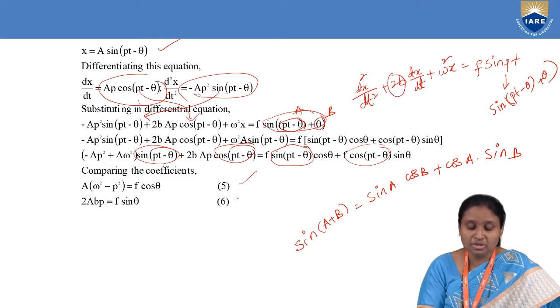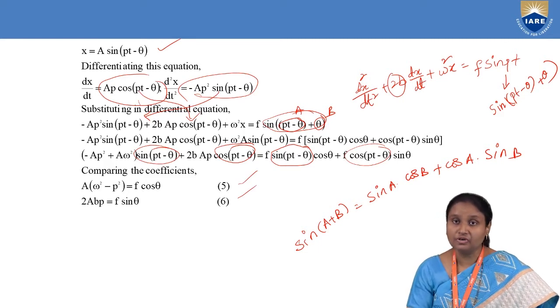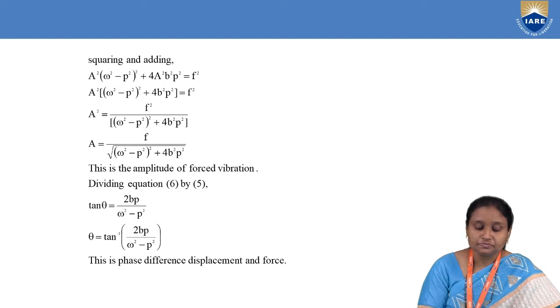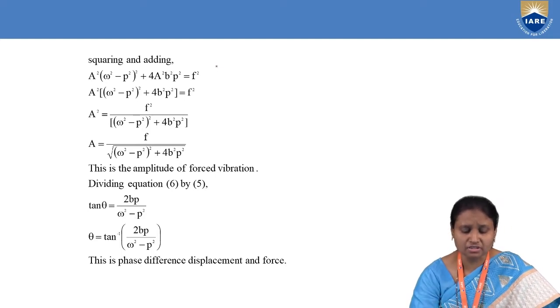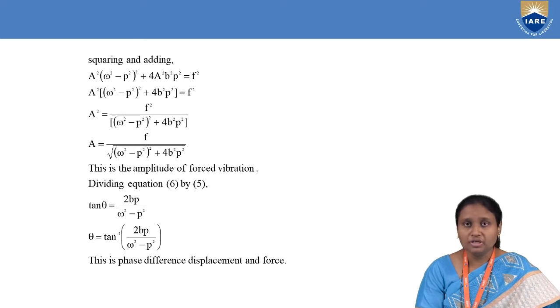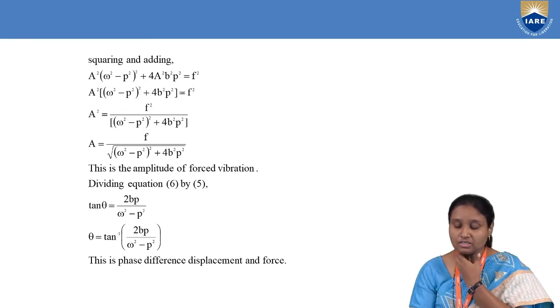Now I'm going to make use of these two expressions. First, in order to find the expression for amplitude, I'm going to square these two equations and then add. Then we have a²(ω² − p²)² + 4a²b²p² equal to f². Why do we get f² on the right hand side?